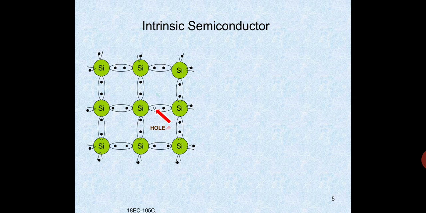Here we see there are covalent bonds in this type of material. The materials are normally balanced, because to be stable it has to be at a neutral state. So you can also see a hole and an electron.